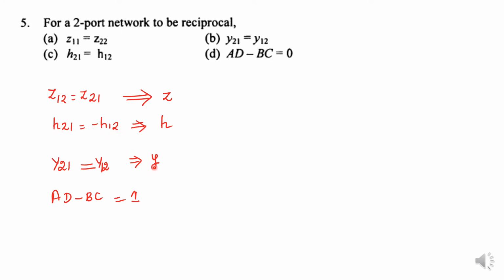If the Y parameters are reciprocal, the condition is Y21 equals Y12. And if the ABCD parameters are reciprocal, AD minus BC equals 1. Here, which one is the correct answer? Y21 equal to Y12 is the correct answer.